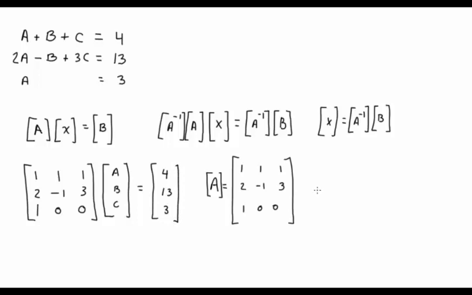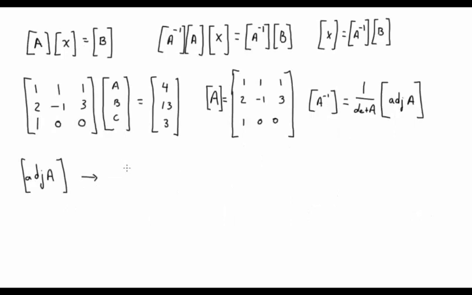So now we have matrix A, and the goal now is to find matrix A inverse. And A inverse is going to be 1 over the determinant of A, which we found in the last section, times the adjugate matrix of A. And that's where our work is going to be here.